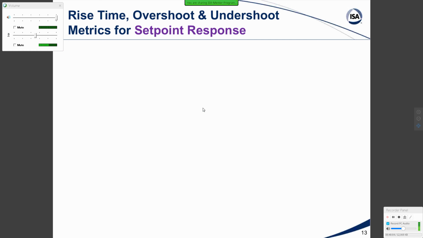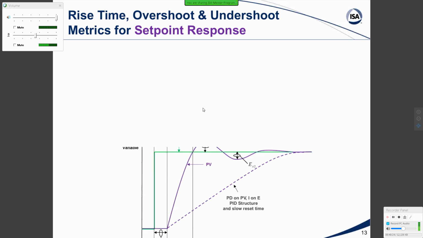Then for some processes that I was involved in where the batch cycle time was in the order of hours, and also we wanted to minimize startup time that was maybe even less than an hour of transition time, we looked at metrics of set point response.